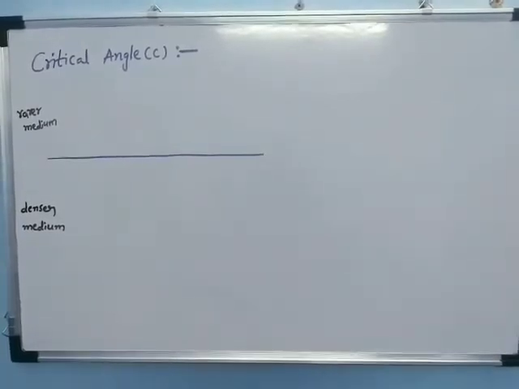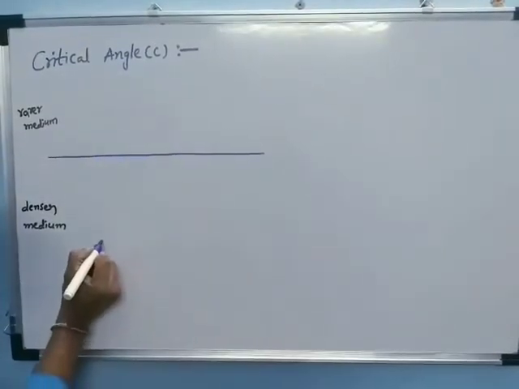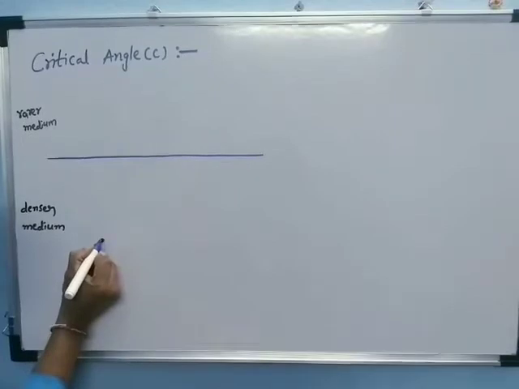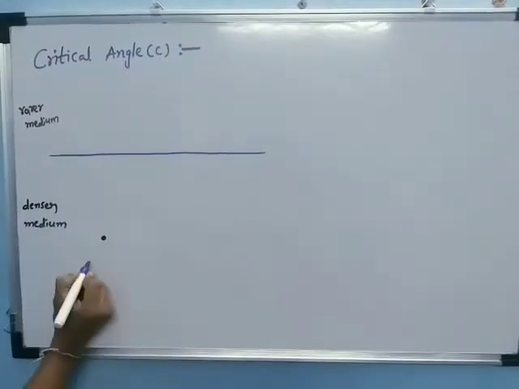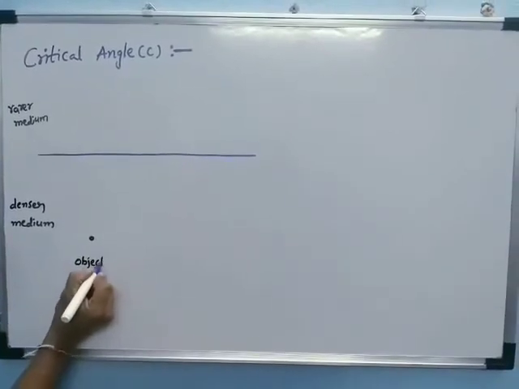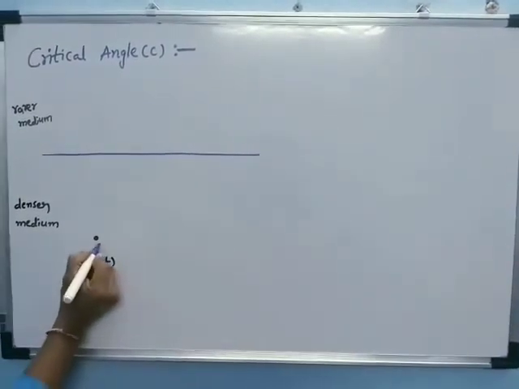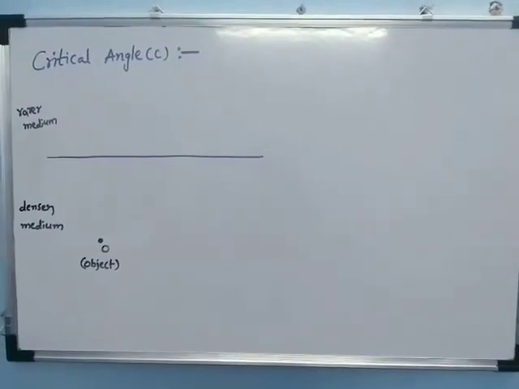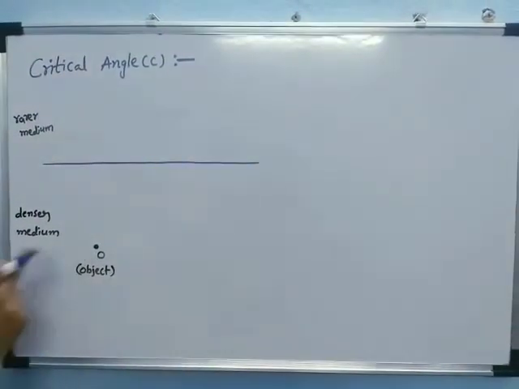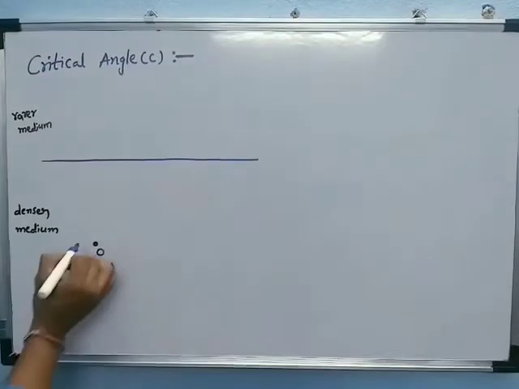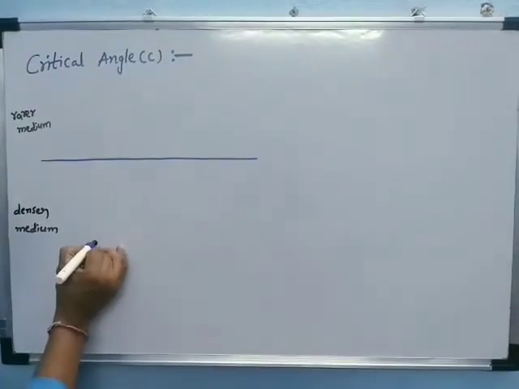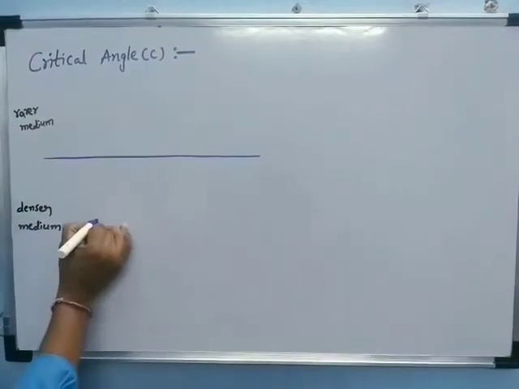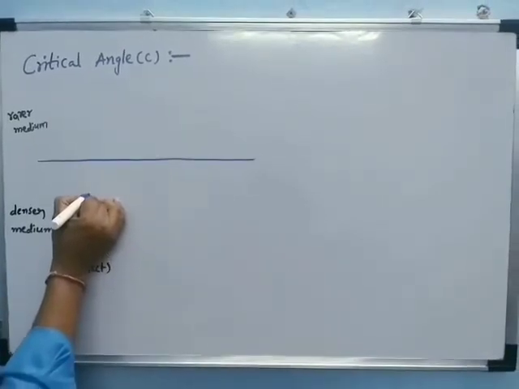Now, the object O is placed in the denser medium. The light coming from the object is exactly perpendicular, incident on the surface separating the two mediums.